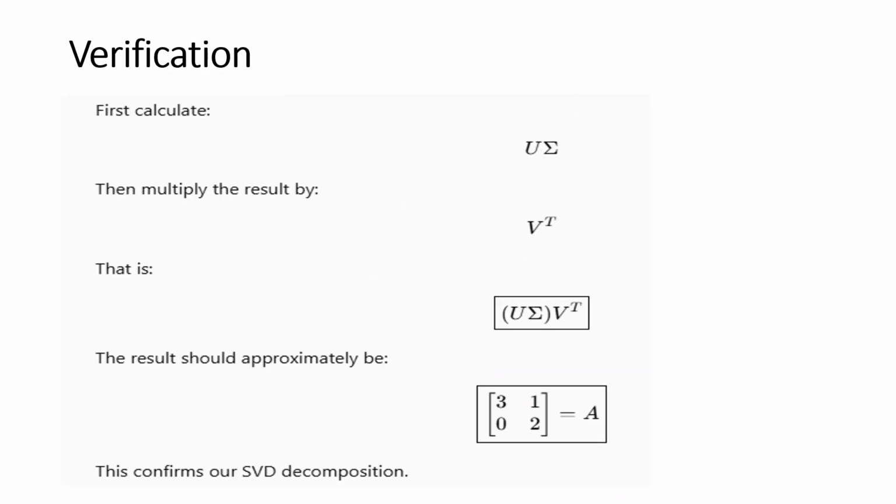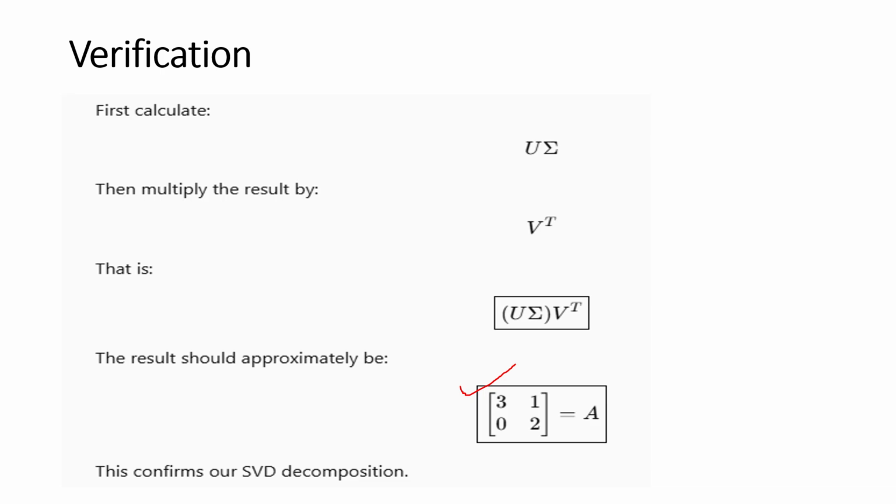Now you check whether we have U, we have sigma, we have V raised to T. Again, you find the product of these three and check whether you get the approximation of the initial matrix that was given. How can you do that? First you multiply U and sigma and then multiply the result by V raised to T, or first you find sigma into V raised to T and then you multiply that with U. You should not initially do U into V raised to T and then multiply by sigma.